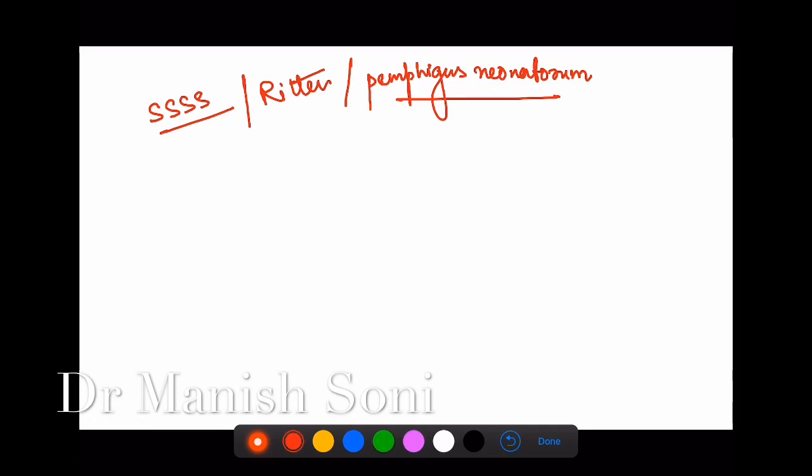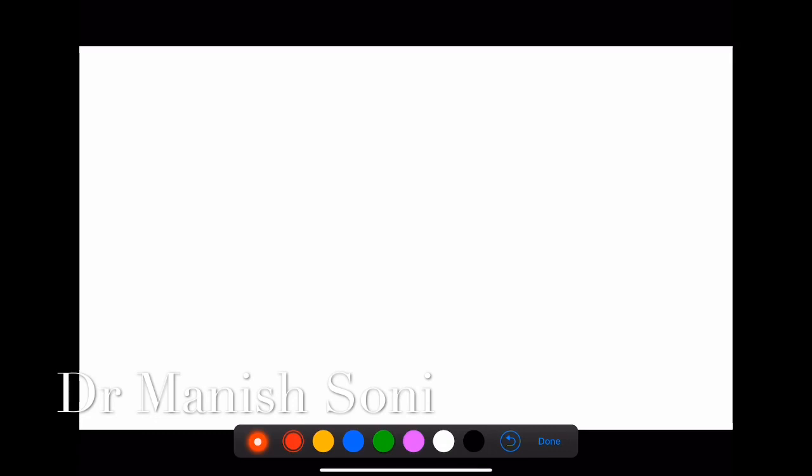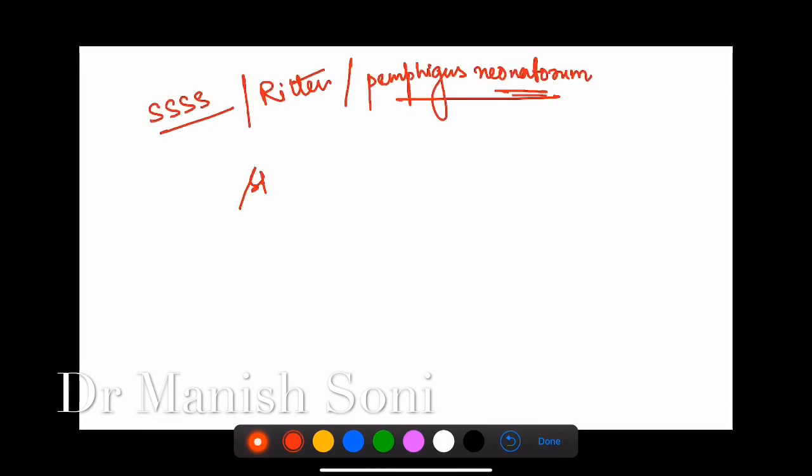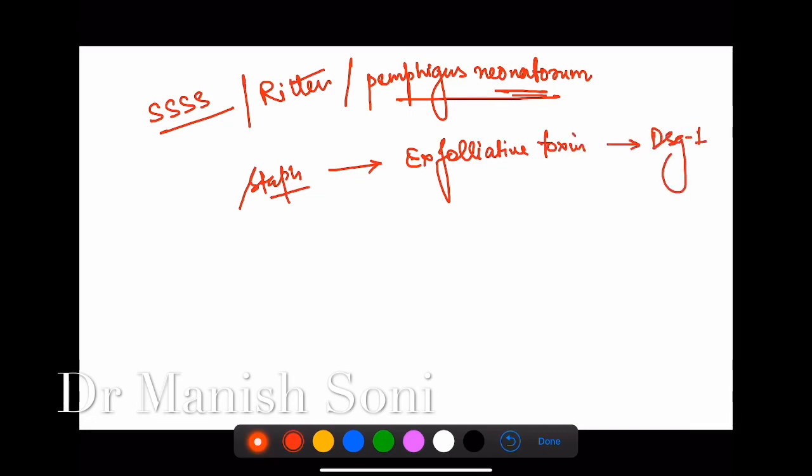Actually, a neonate or young child has a severe staph infection, and this staph releases exfoliative toxins, which destroy desmoglein 1. We all know that desmoglein is present in desmosomes, which help in attachment of the keratinocytes.